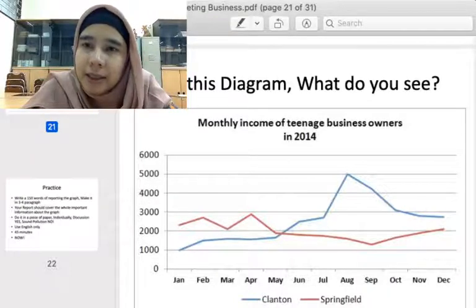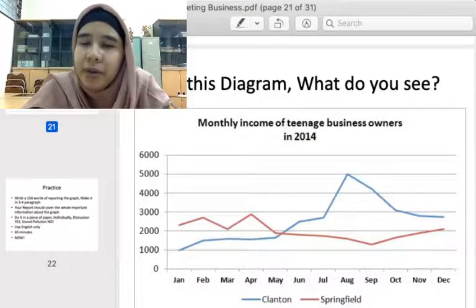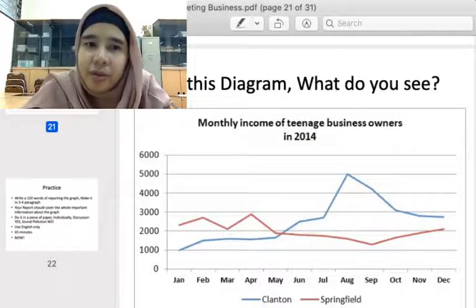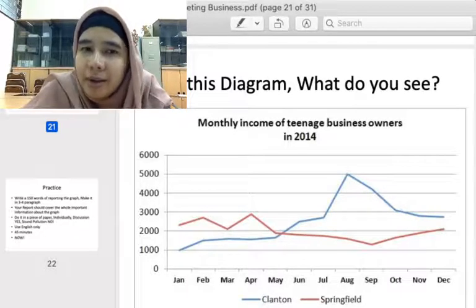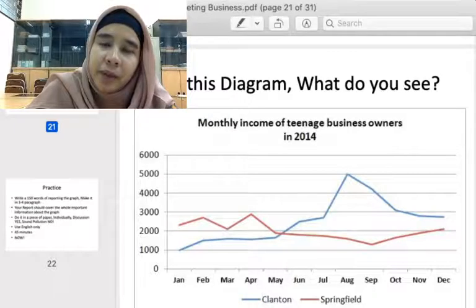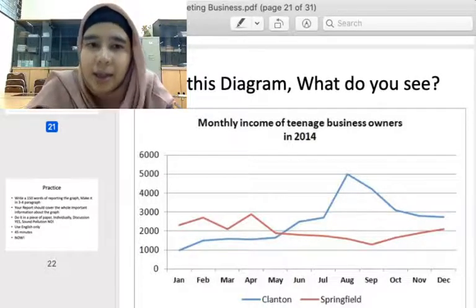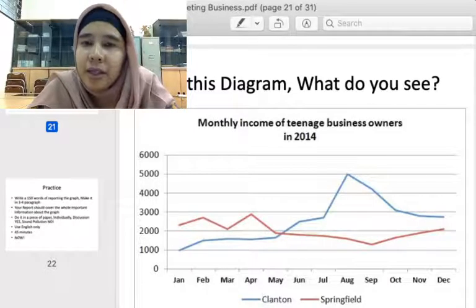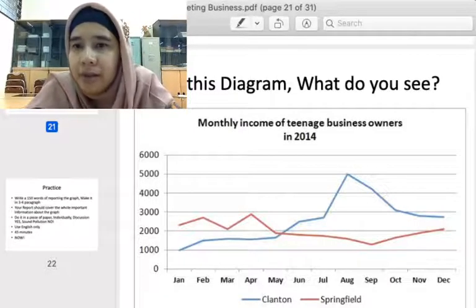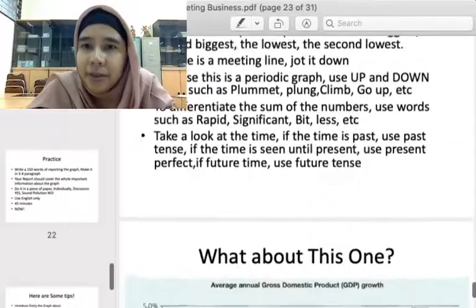So, the Clanton business owners, okay, reach, atau climb to the highest point in August rapidly to 5,000, dollars ya, American dollars, for example.